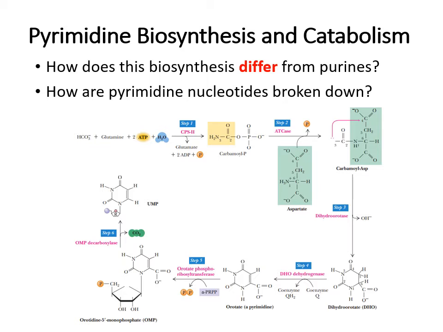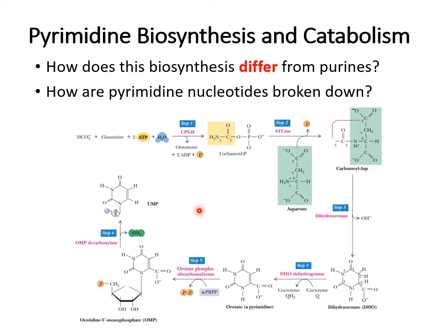And what happens in pyrimidine biosynthesis is that the pyrimidine ring is coming from what's called carbamoyl phosphate and aspartate. So if you look here, carbamoyl phosphate and aspartate, so these two here are leading to the ultimate production of the ring structures.